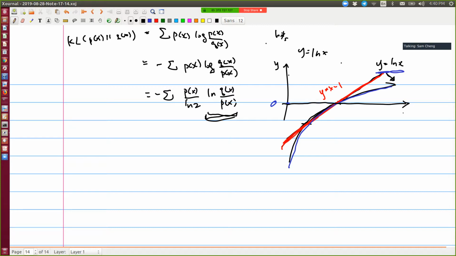Probably it's better like this: x, this is 1 here, minus 1, both of them are 0, and for all the other places, this line here is above this one. It's very easy to show. I don't want to spend time on that because this curve is concave, right?